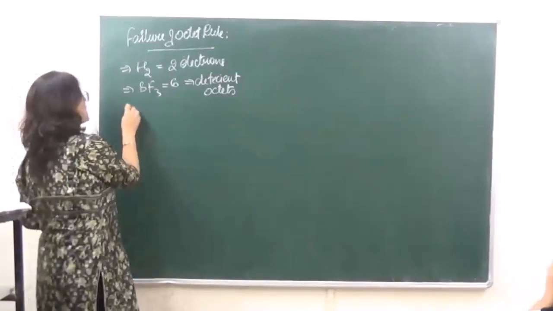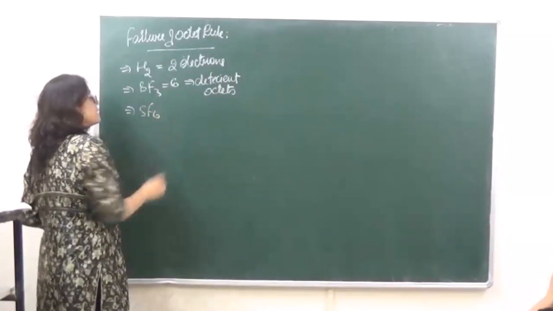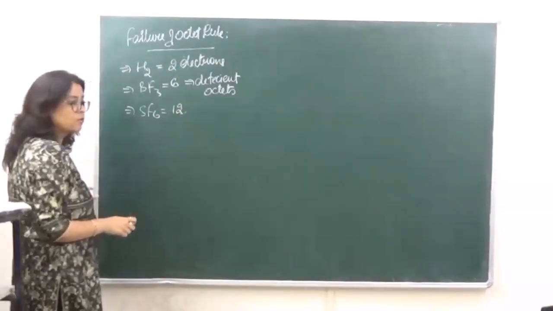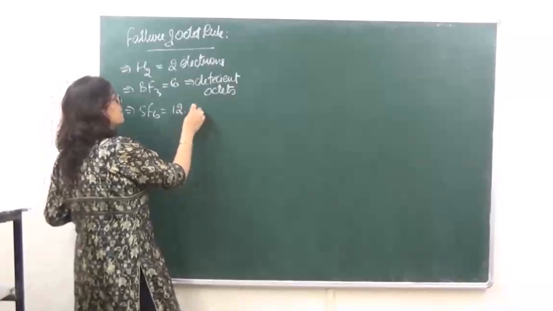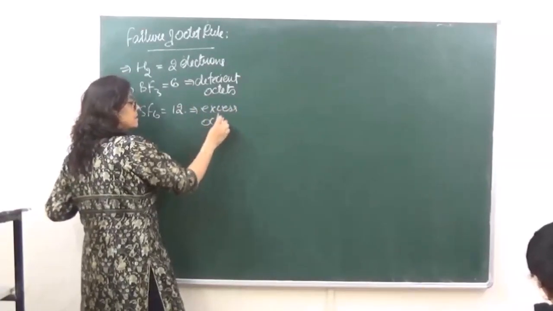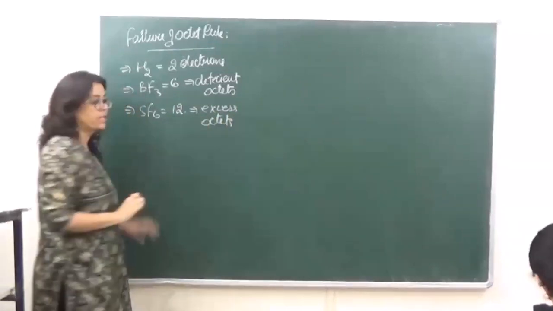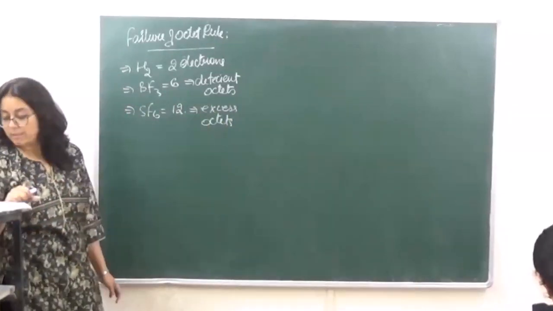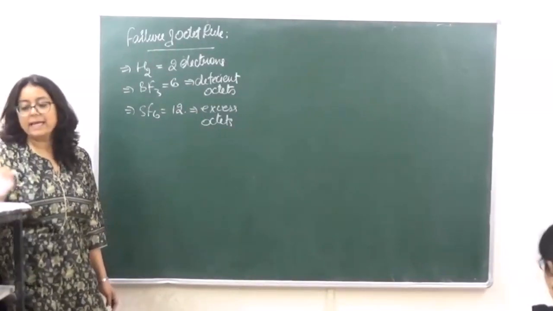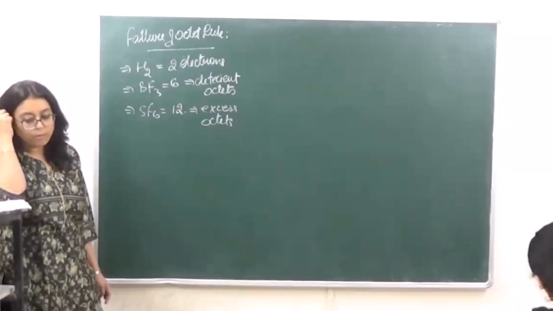Then next we have SF6. SF6 has 12 electrons in the outermost shell, and these are known as excess octets.